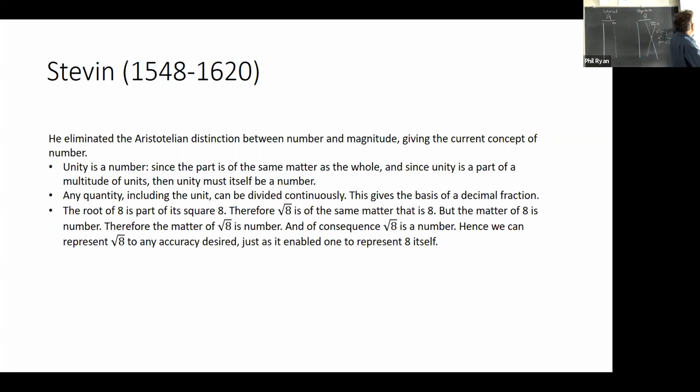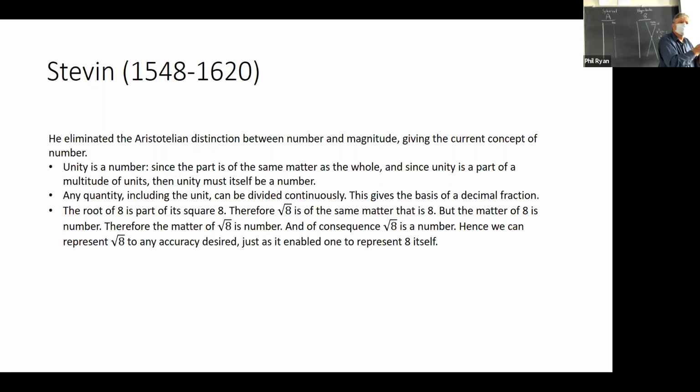For example, he said unity is a number. So 1 is a number. And any quantity, including the unit, can be divided continuously. So this is the idea of a decimal fraction, that you can take a number, cut it up, and get finer and finer.